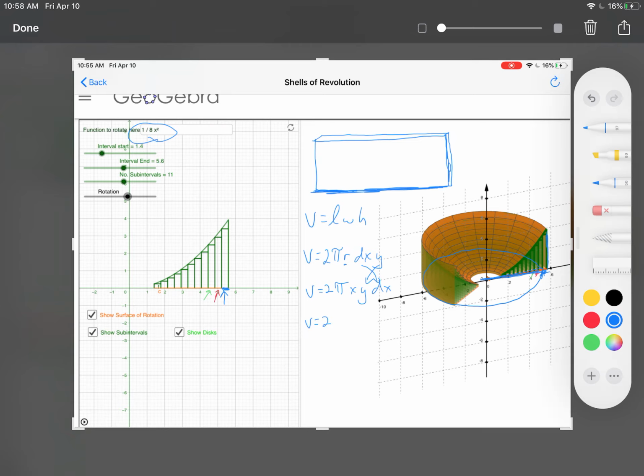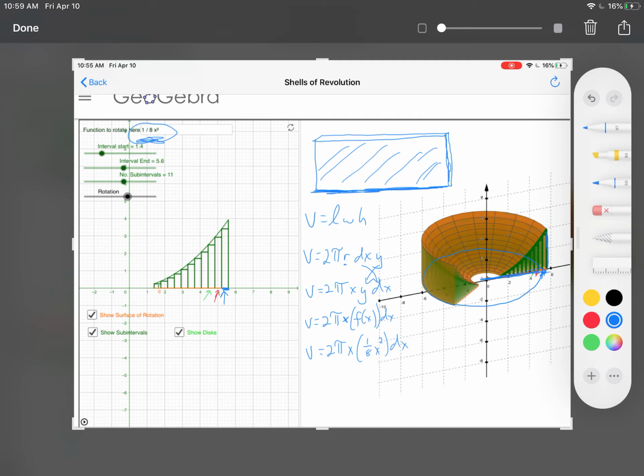So the volume is 2 pi r, which is x, times the height of the function, f of x, or whatever function we're talking about, y, and then dx. In this case it's 2 pi x times 1/8 x squared dx. That's the volume of one of these rectangular prisms, one of these shells or layers.